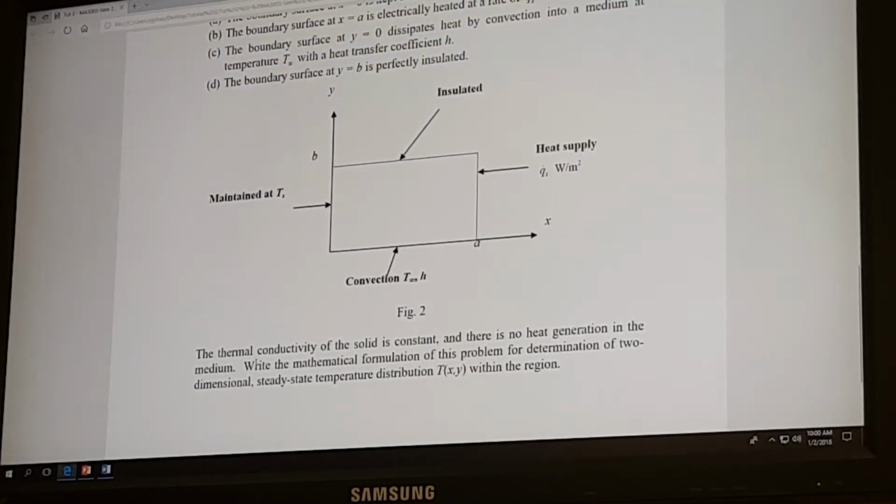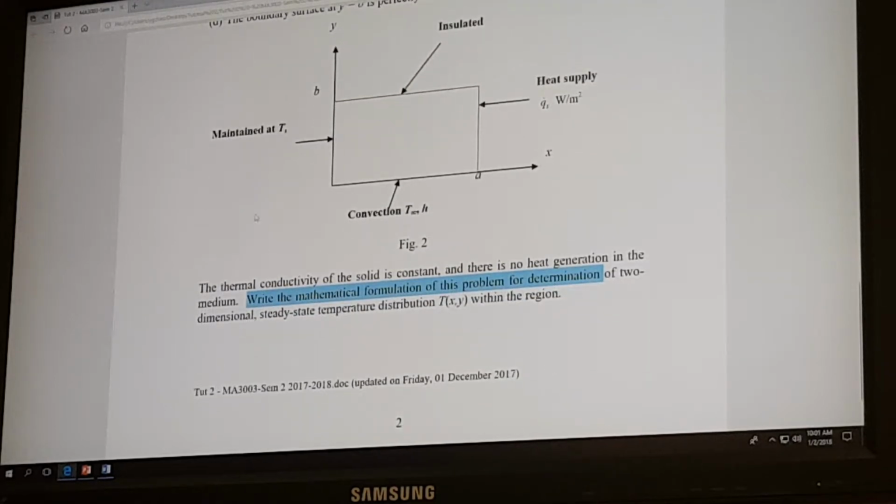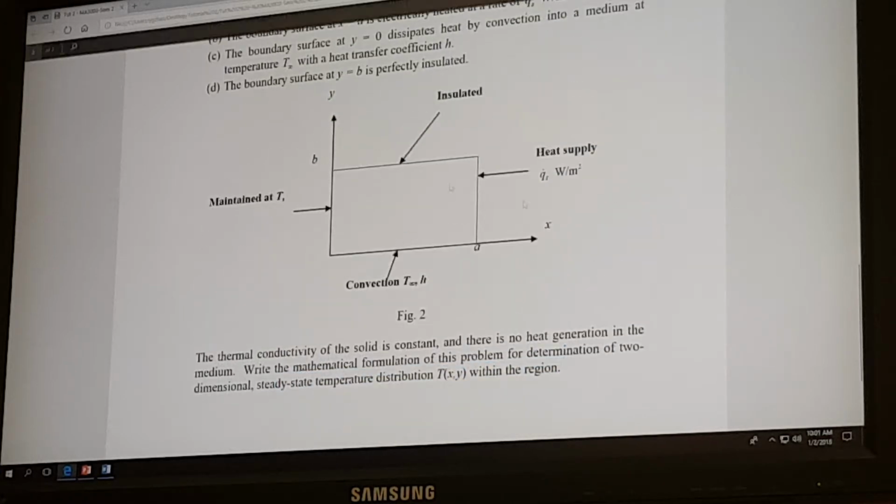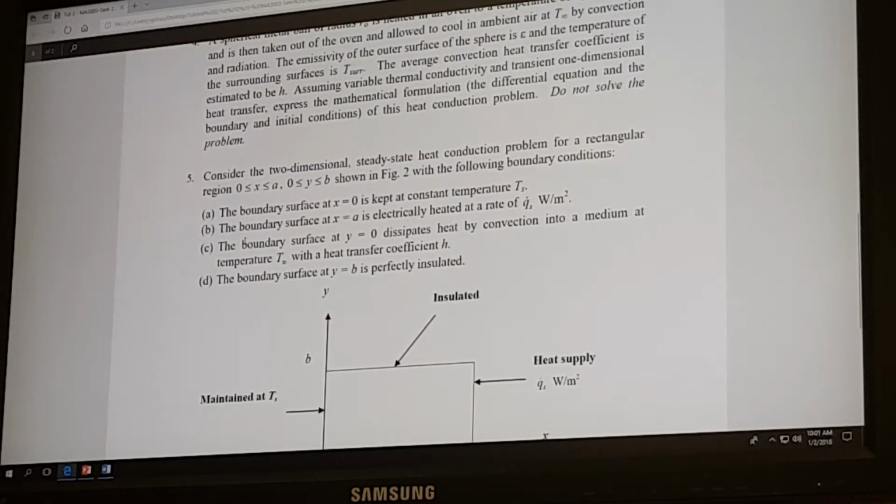The question asks you to write down the mathematical formulation, just form the general equation, then reduce it by removing a few terms to get a specific equation. There are four boundary conditions they give you directly. All you need to do is translate from the text to mathematical equations, right? Very simple.